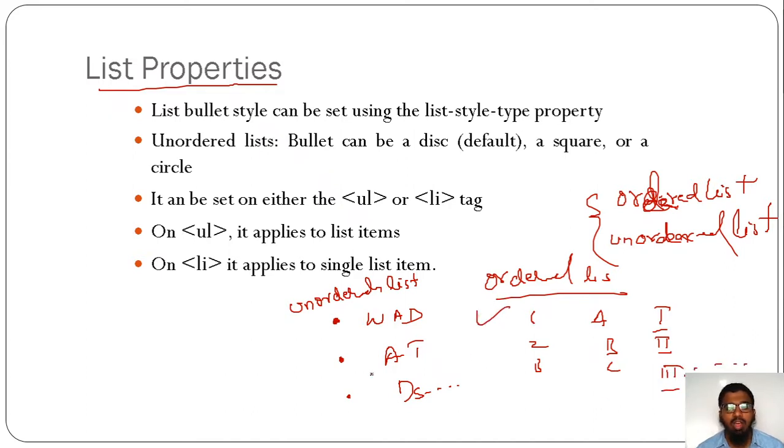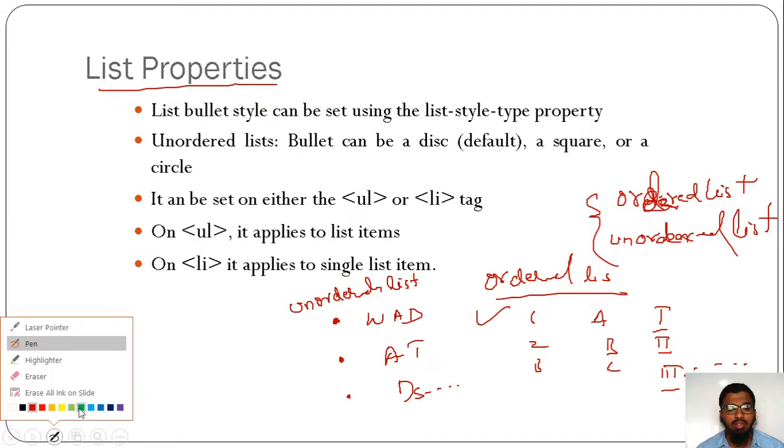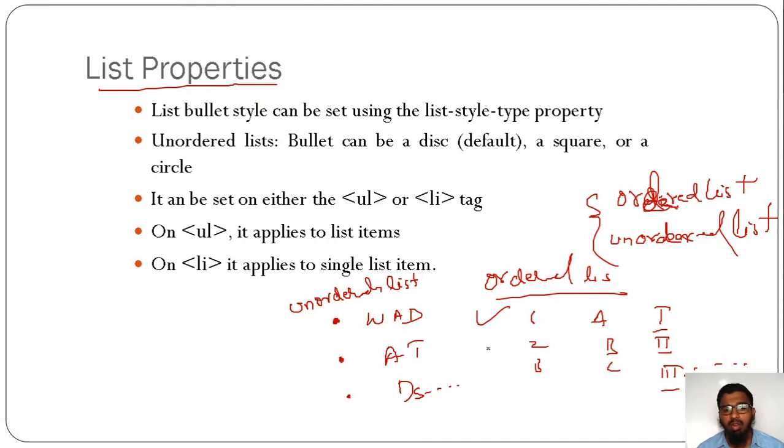This is an unordered list and this is an ordered list. An unordered list is represented as UL and an ordered list is represented as OL.